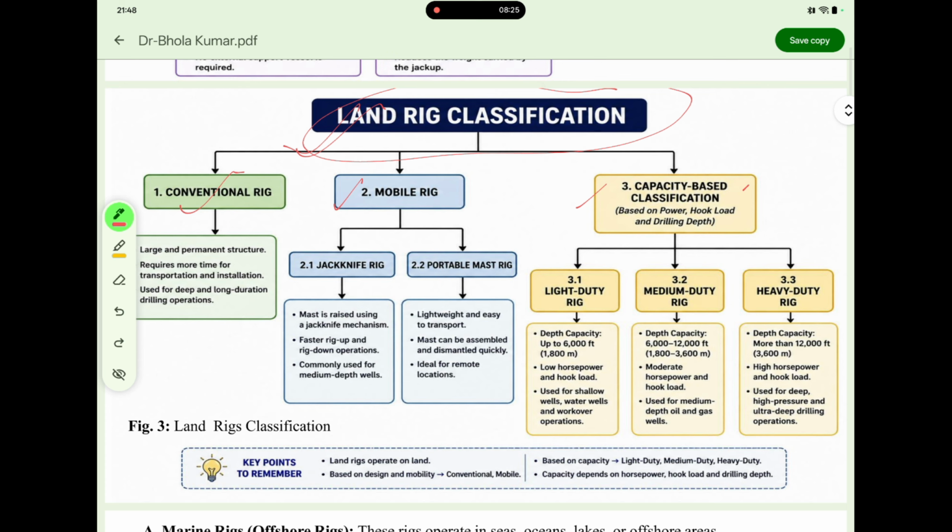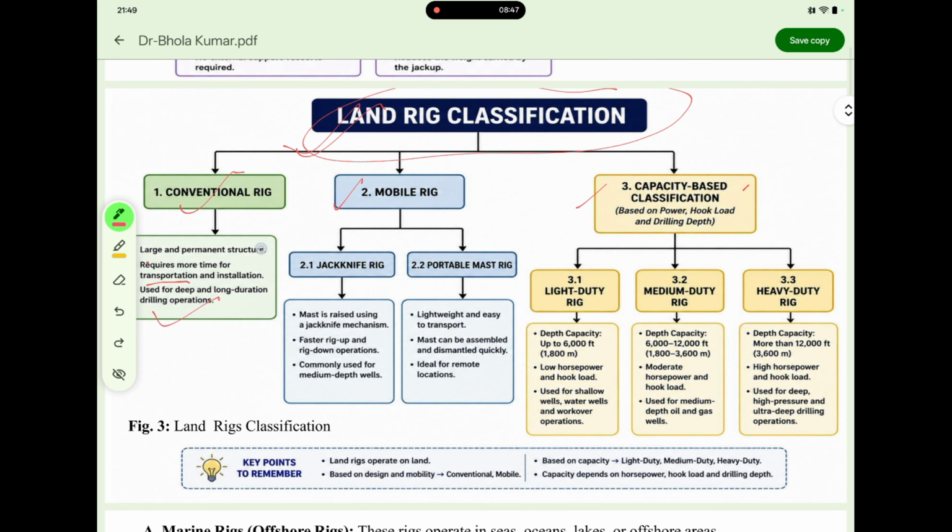Coming to the conventional rig, this is basically a permanent rig that is installed on the surface, right? As written here, the large and permanent structure requires more time to transport and install, and is used for deep wells and longer durations of time.